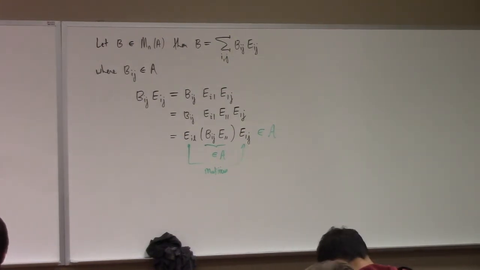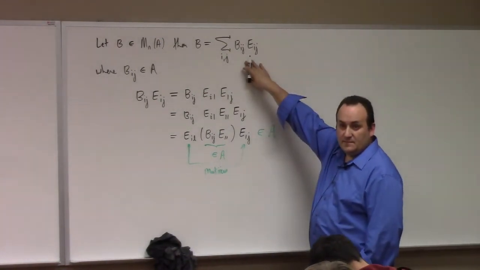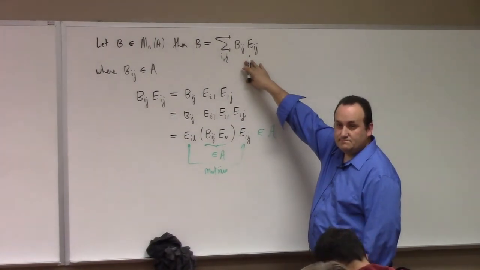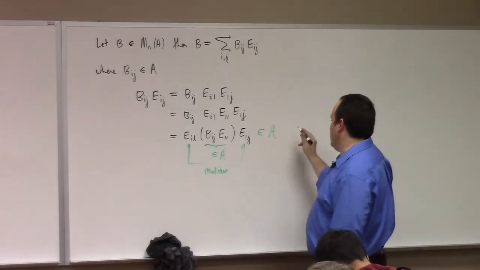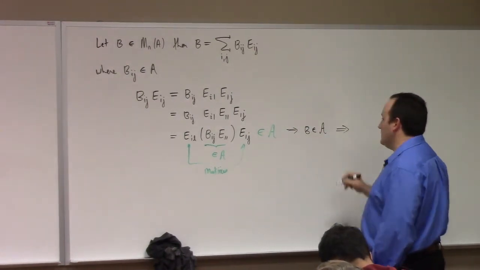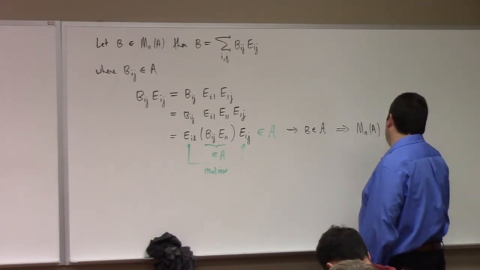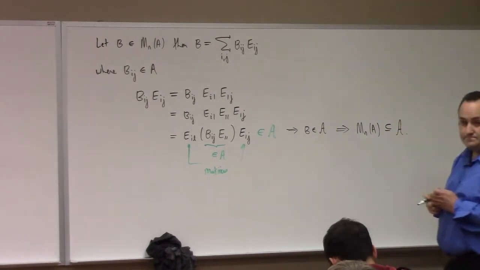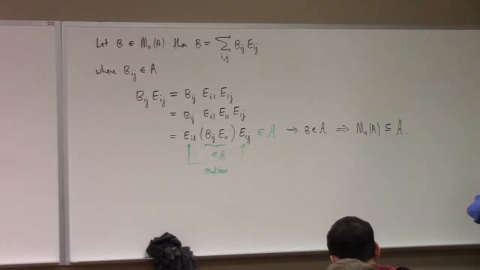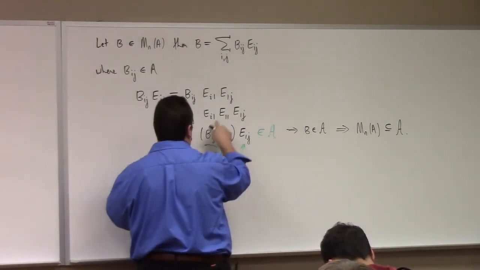So that shows that every piece of B is in script A. So B is an element of script A, which implies that the n by n matrices over A is a subset of A. What's that? Instead of Eil, should that be Ei1? Yes, thank you.